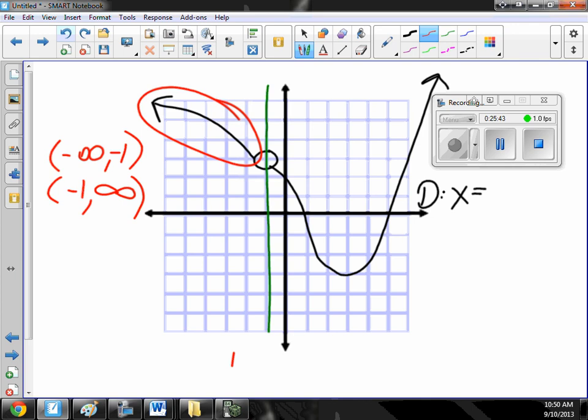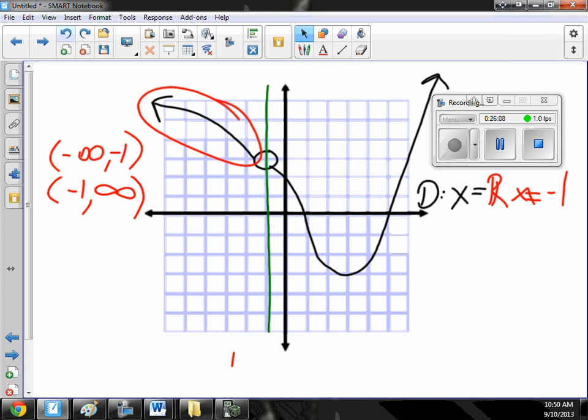So I could list it as two intervals, or I could say all real numbers but x is never equal to -1. So you can describe the left side and the right side, or you can say everything but this one number, or if there were two holes, you could say these two numbers.